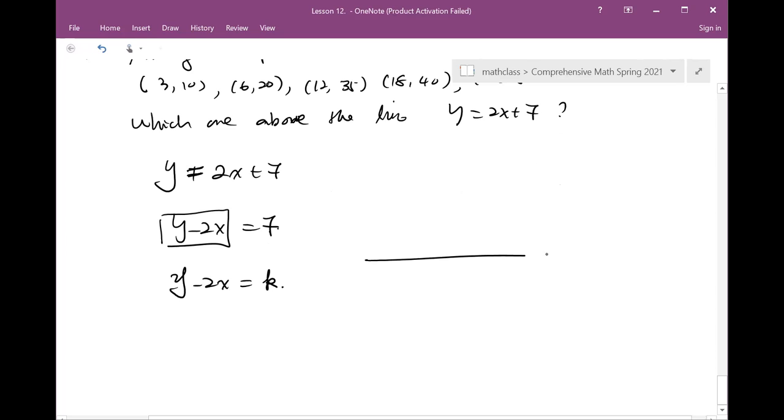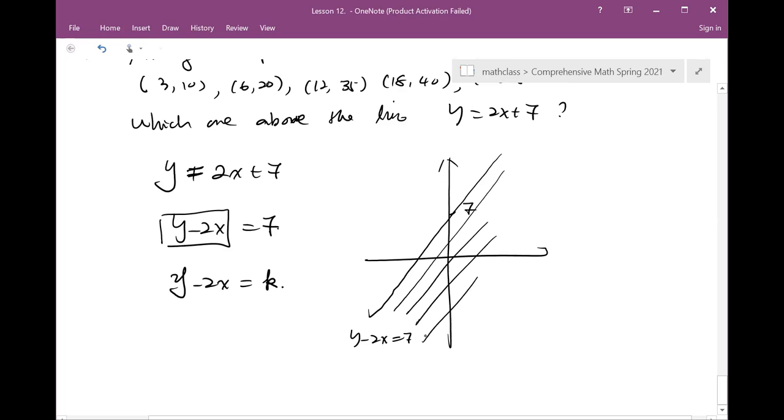When I change the value of k, instead of 7, this is a line, okay, y minus 2x equals 7, right? The slope of 2, y-intercept 7. So when I change the value of k, I get parallel lines, but then I find out k is just the y-intercept.